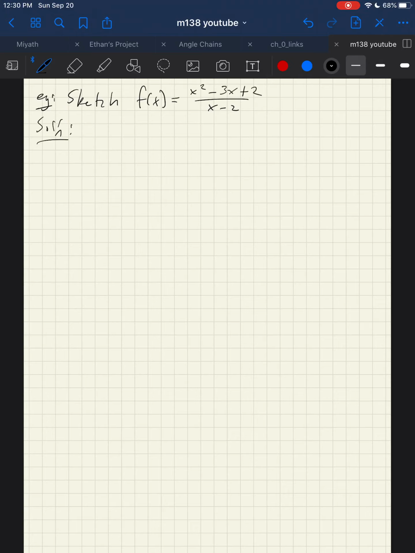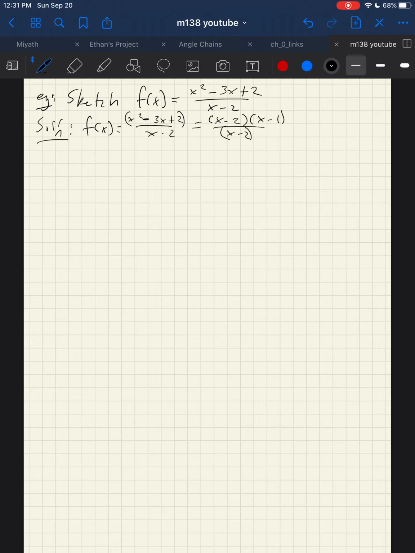Typically in this class I'm going to give you factored forms, but if it's not factored, it's probably not factored for a reason. So f of x equals x squared minus 3x plus 2 over x minus 2. When we factor the top, it factors into x minus 2 times x minus 1, and that's over x minus 2.